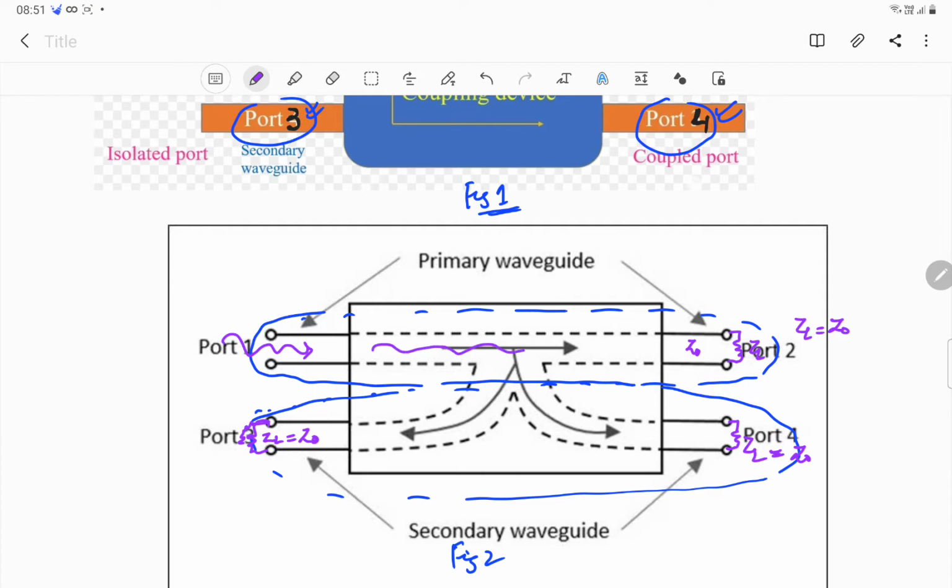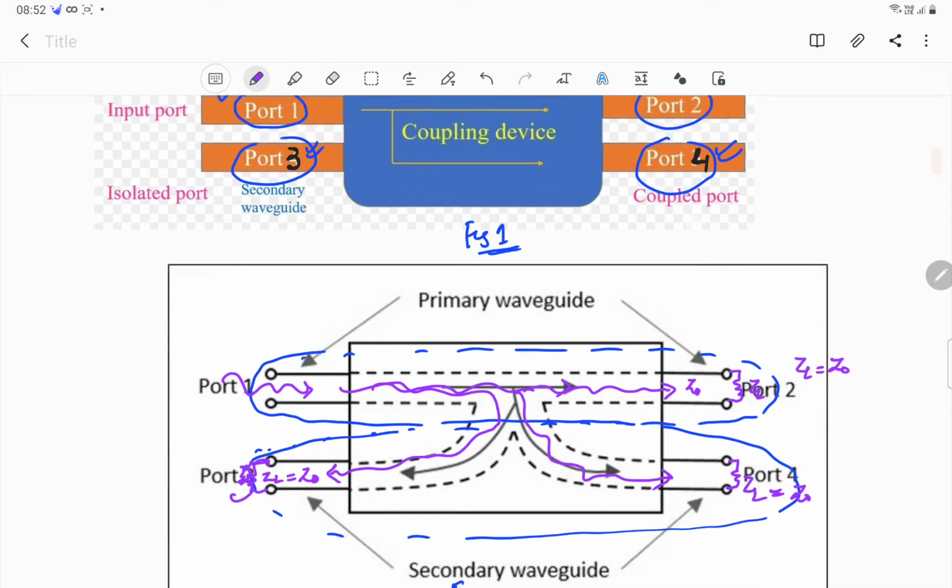So the signal reaches, as shown by this arrow, some part of the power reaches port 2 and some part of this power gets coupled to port number 4. But there is no transmission of power between ports 1 and 3. This is port number 3, as can be seen here.